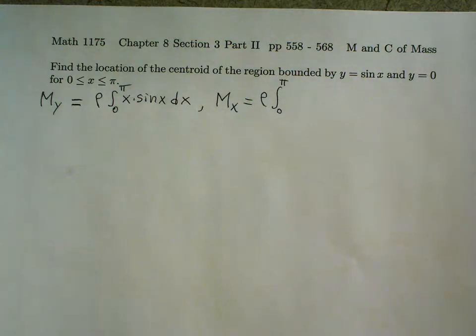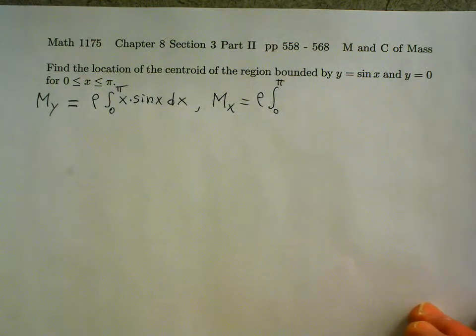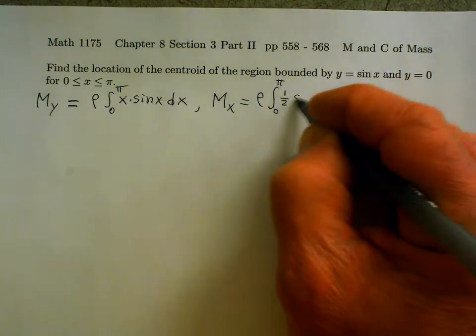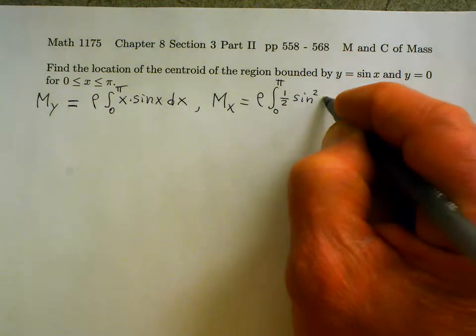Well, on my formula sheet, I have 1/2 times the function f of x squared. So it does involve sine of x squared, but we also have a factor of 1/2. So 1/2 sine of x squared dx.